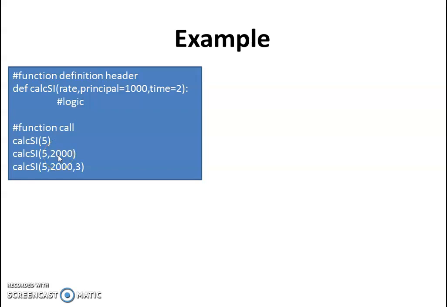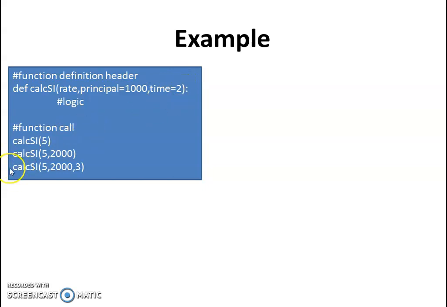The second argument will be assigned to the second parameter, so principal will be 2000. When we don't pass the second argument, the default value of the second parameter will be 1000. In this second call we are passing the second argument, so principal will hold 2000 and time will be 2.